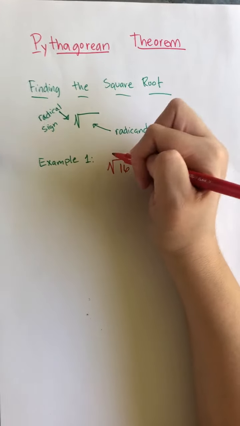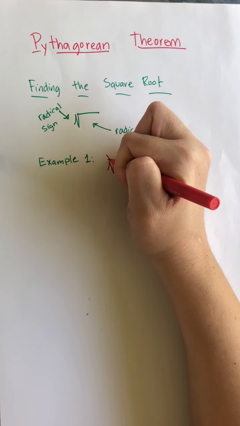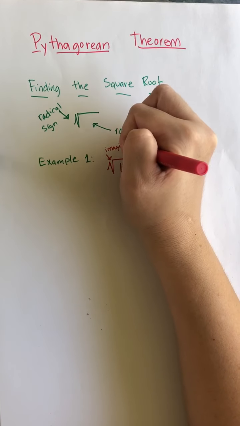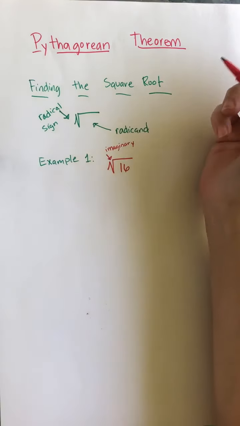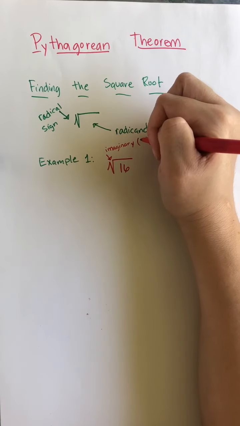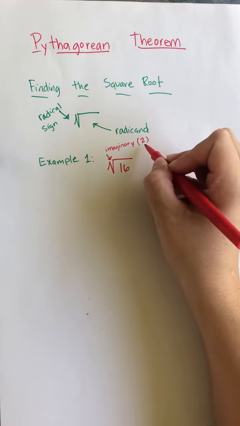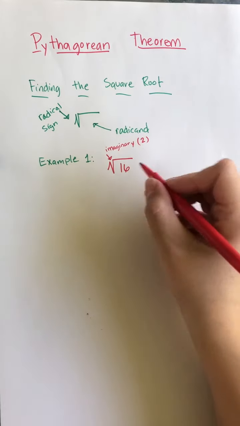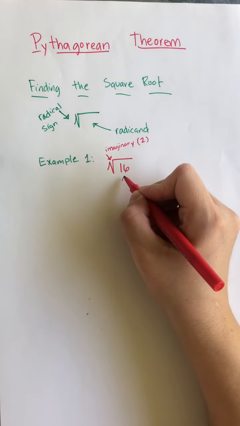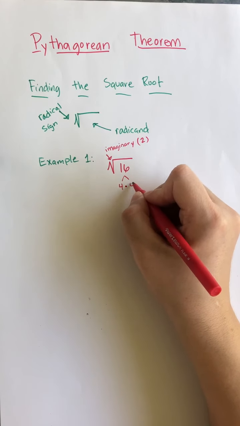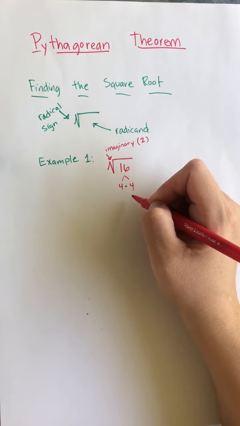Okay, there's always, by the way, an imaginary number here. Imaginary meaning it's not there, and that number means 2. So what that means is I want to take out pairs of 2's from this square root. So I look at 16 and I look at the factors of 16. 4 times 4 would end up giving me 16.